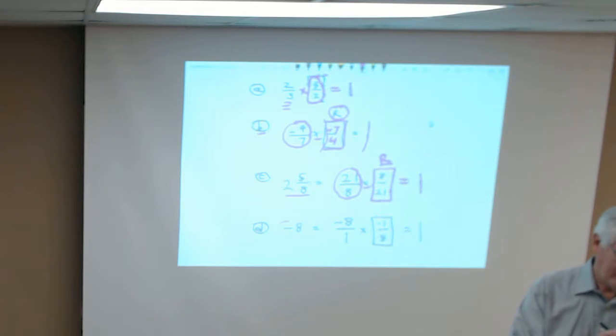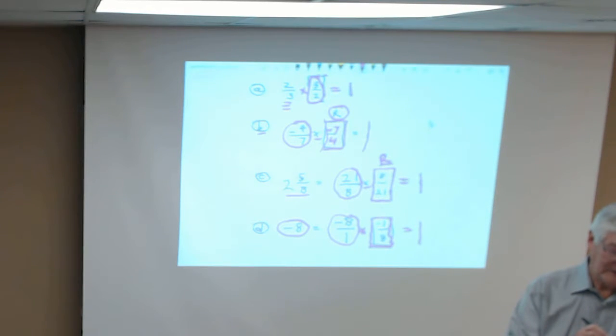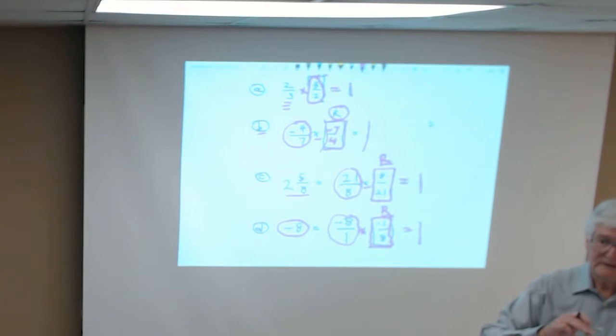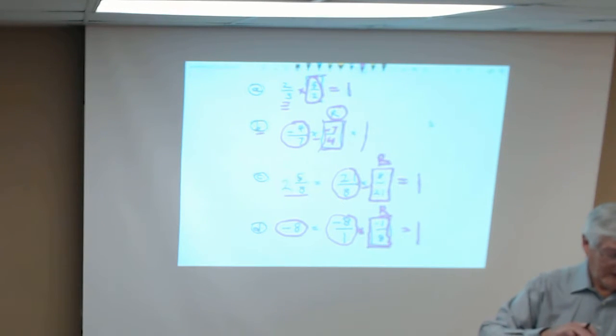D, negative 8, that's negative 8 over 1 times what number would equal 1? And that's the reciprocal. You follow the process? Good. Questions? We're on our way.